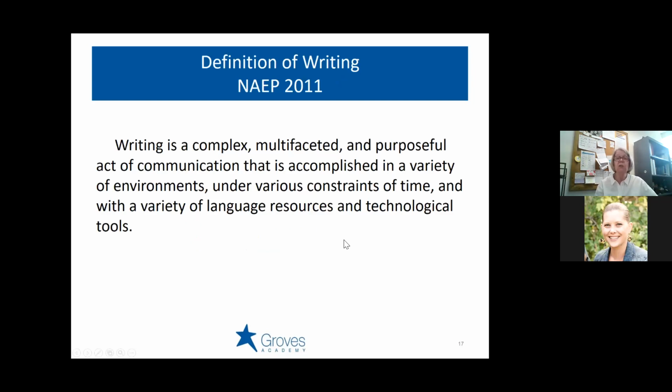And here's the National Assessment of Educational Progress, which is sometimes called the nation's report card. Here's what they said writing is, and this is 10 years old: writing is a complex, multifaceted, and purposeful act of communication that's accomplished in a variety of environments under various constraints of time, with a variety of language resources and technological tools.